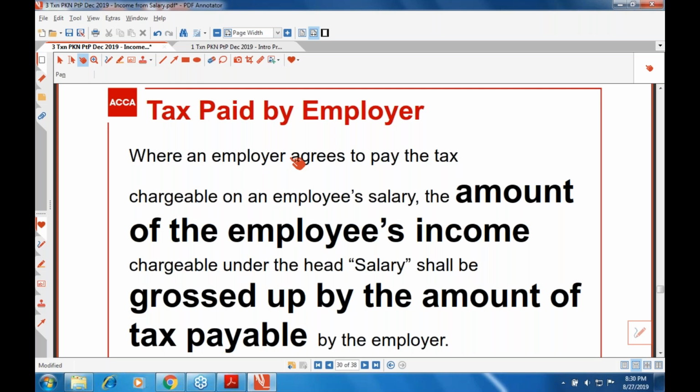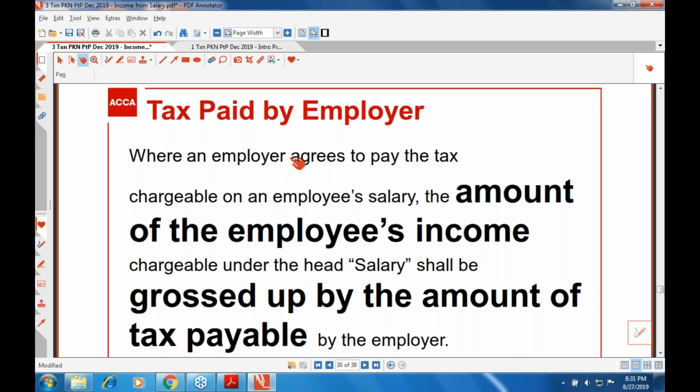So in case the employee is getting such a favor, such a privilege, such a benefit, then such benefit is also taxable. So when we talk about the concept of tax on tax, it actually means that the employee's tax liability is settled by the employer.